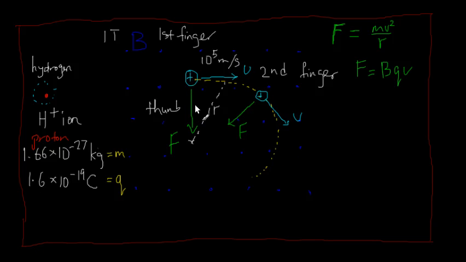That also means that the magnetic force is the centripetal force. It's that force that causes it to move around. Therefore, the centripetal force and the magnetic force must be equal.